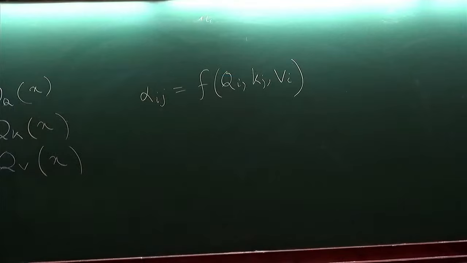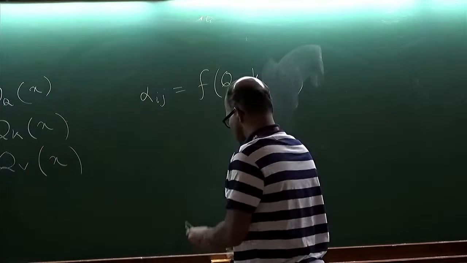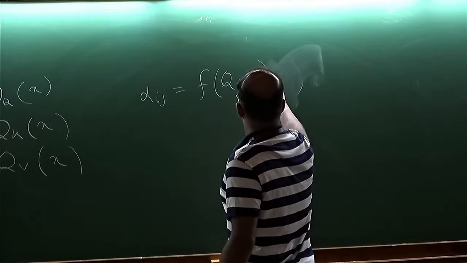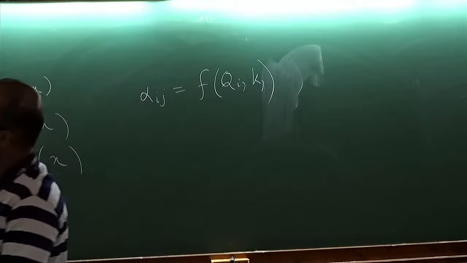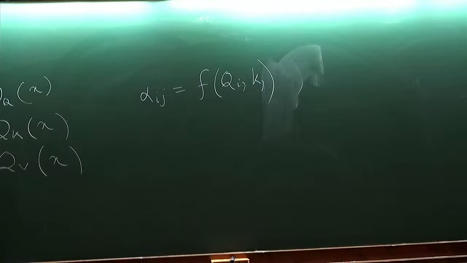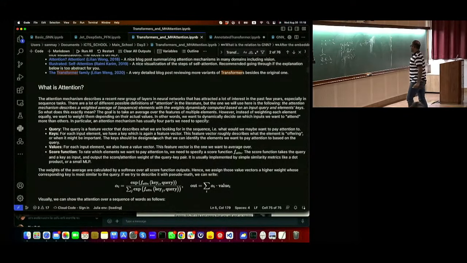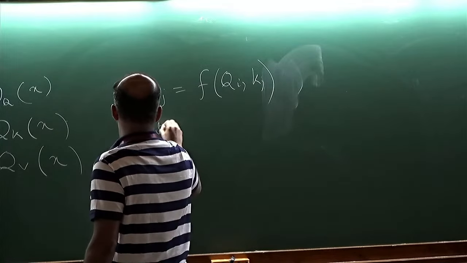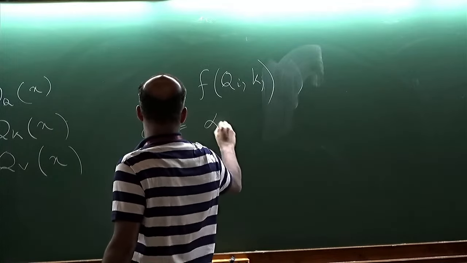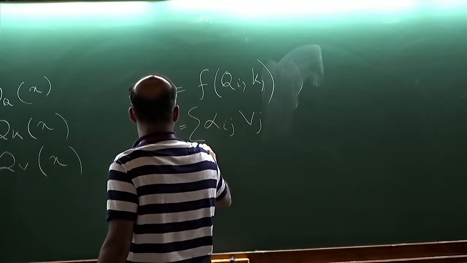Sorry, here I told you something wrong. It's my mistake. The attention score is a function of Qi and Kj. And the final output of a single attention layer you form by multiplying: the output of the ith element is alpha ij vj summed over j.